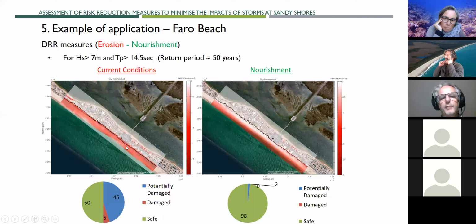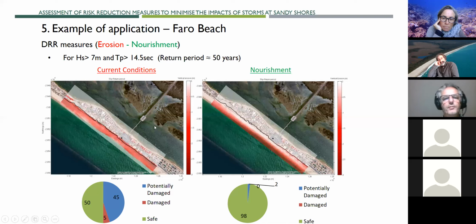So if you have red after the black line, it means that the infrastructure is going to be destroyed because you have a scarp, you have a beach scarp, okay? So every time that you have red crossing the black line, it means a strong beach scarp, and your house is going to be destroyed. And of course, you still need to account for the 10 meters buffer zone to potentially damage.